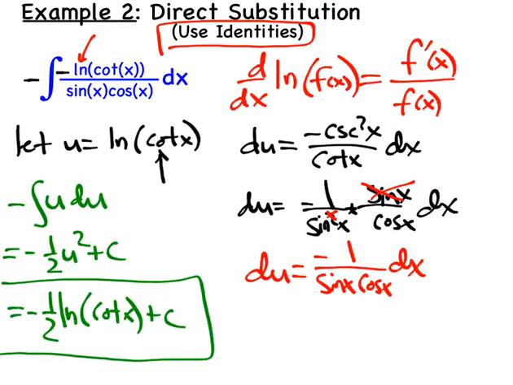So again, based on my experience from example 1, our guess and check started to streamline my choice for u, and I said I'm going to choose that natural log function as my u.